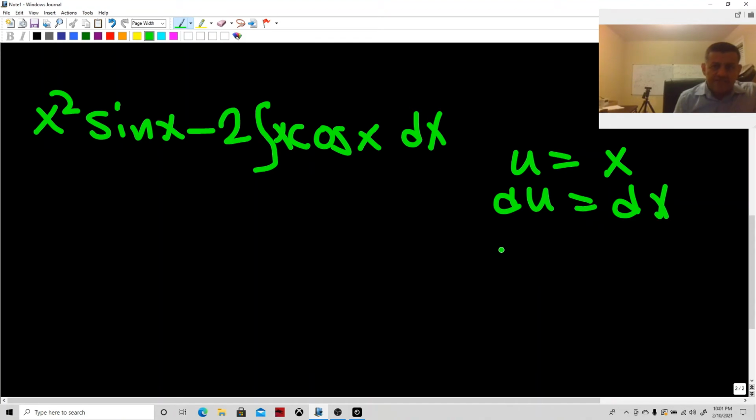Now, what is v? Well, that's what we want in the x term. Now we have to find it: let dv be equal to cosine x, right? Now we integrate both sides.